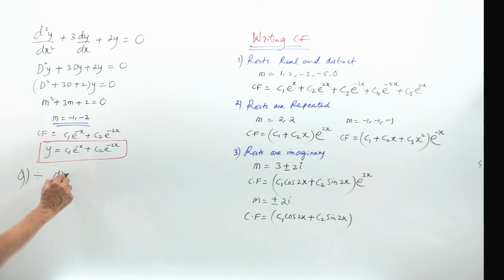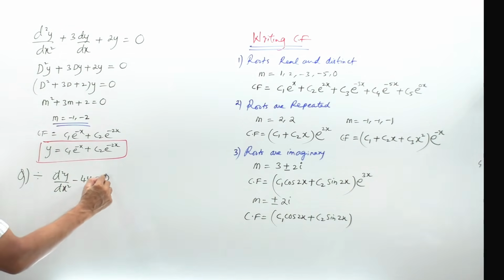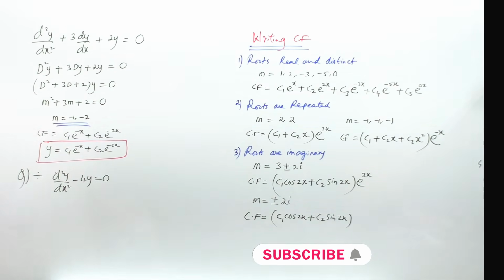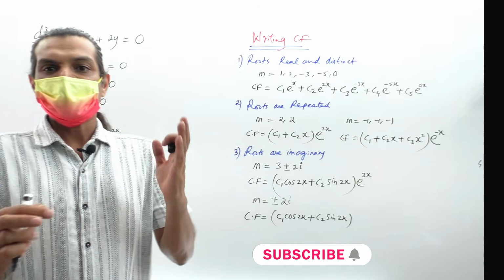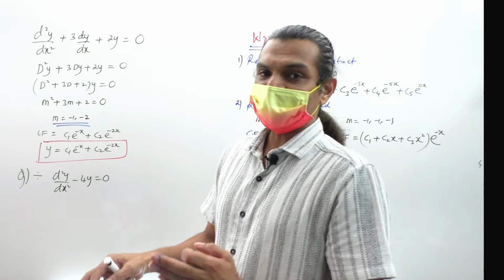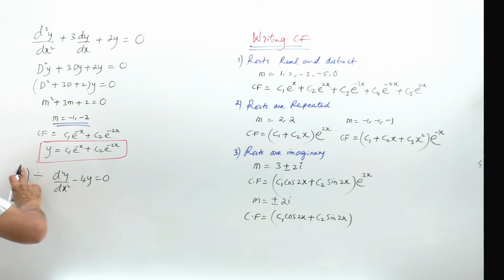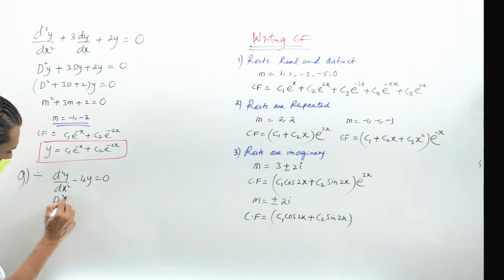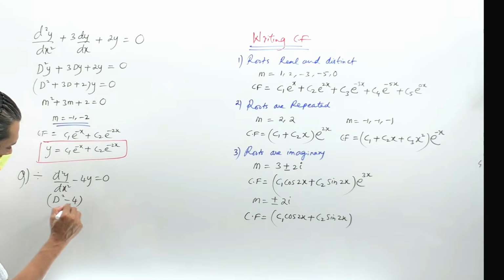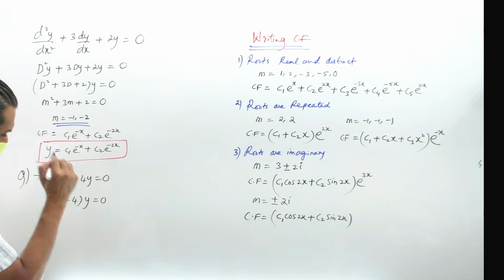Next: d square y by dx square minus 4y is equal to 0. Very simple question. Again the same stuff. What is the meaning of d square by dx square? It's capital D square y. So write directly here, there is no need to take y side again. So D square minus 4, into y, is equal to 0.